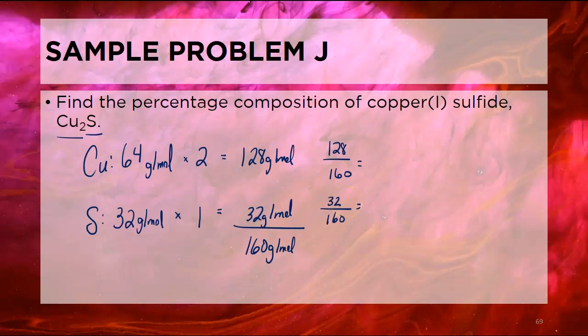And it should be 80% for 128, so 0.8, or 80%, and then 0.2 or 20%. Notice those need to add up to 100. So this is my answer. I'm saying copper is 80% and sulfur makes up 20% of that compound.